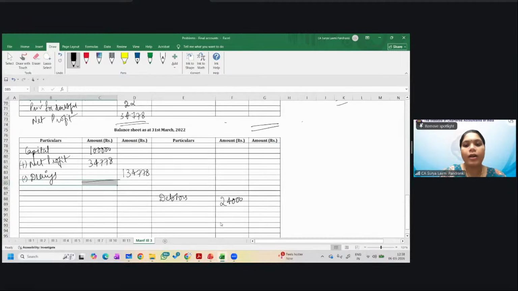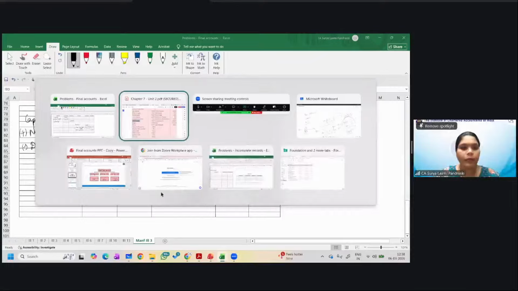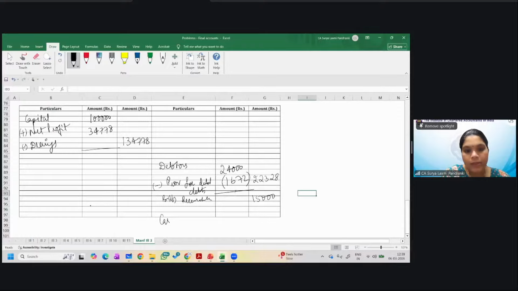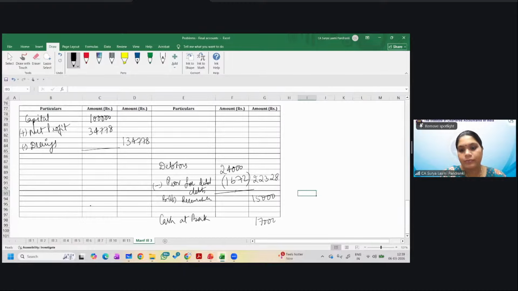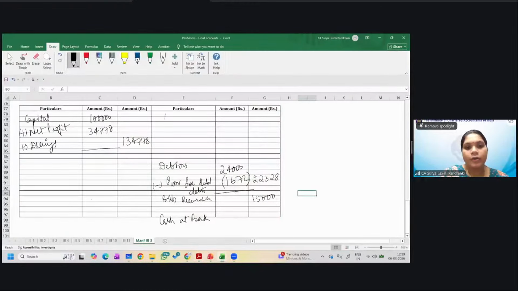I'm going in order how it is there in your trial balance so that it is easy and we don't skip anything. Okay. Wages will not come. Salaries are done. Telephone is done. Repairs is done. Next is cash at bank. Cash at bank is 17,000. Next is office furniture. Furniture, I think we had some depreciation to it, no?